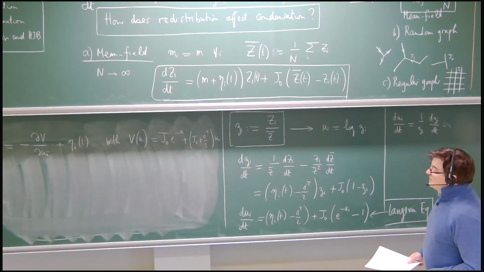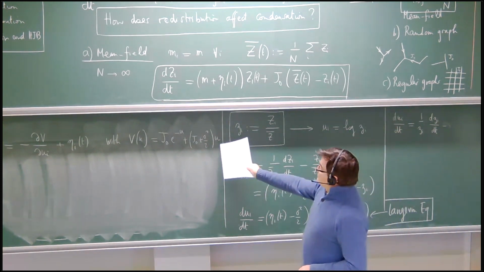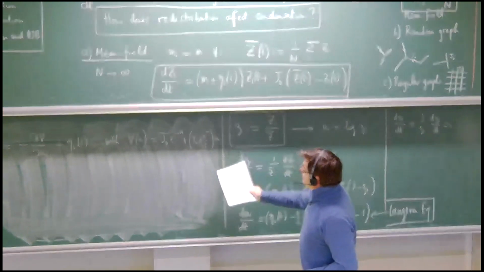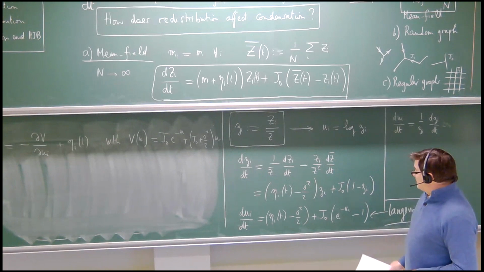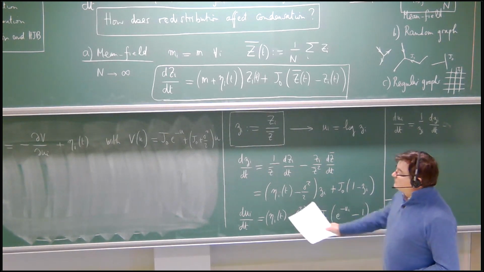Clearly, if I take the derivative with respect to u, I'll have a J0 plus sigma squared over 2 with a minus sign. So these are these two terms. And then I have the J0 exponential of minus u from here.